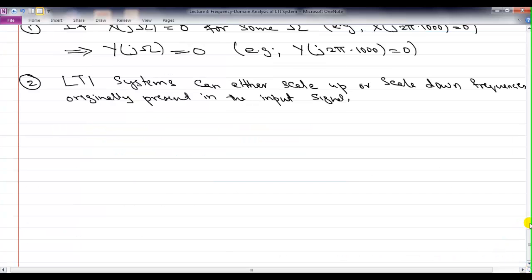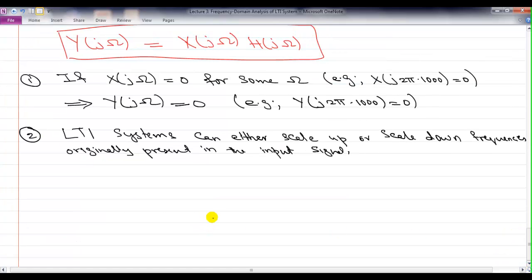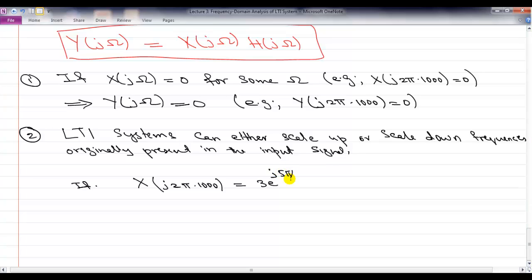Again, take the example of omega equal to 1 kilohertz, or 2 pi times 1000 radians per second. So if, for example, my x of j 2 pi 1000 is, let's say, 3 e to the j 5 pi by 6, which means my input signal has a 1 kilohertz frequency with amplitude 3 and phase 5 pi by 6.